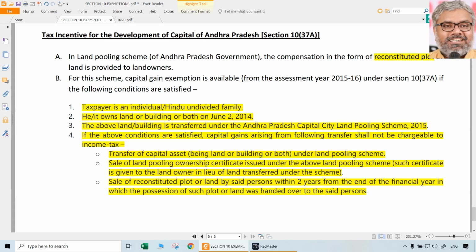And if they sell that reconstituted plot within 2 years from the end of the financial year in which possession of that plot was handed over, possession, not just the documents, then also exemption is there for such sale of the developed plot.